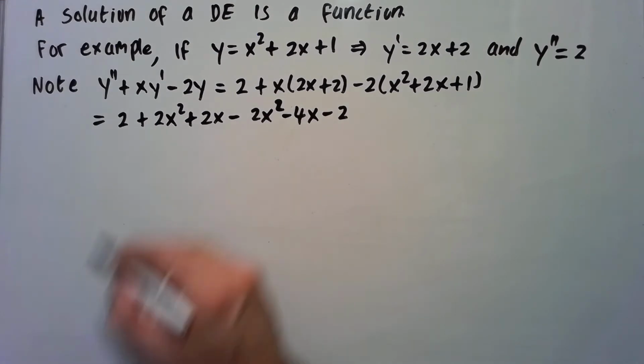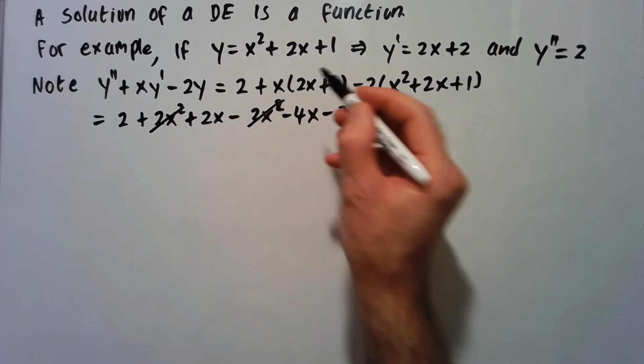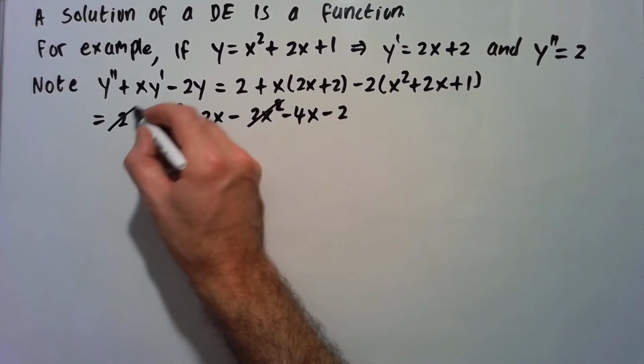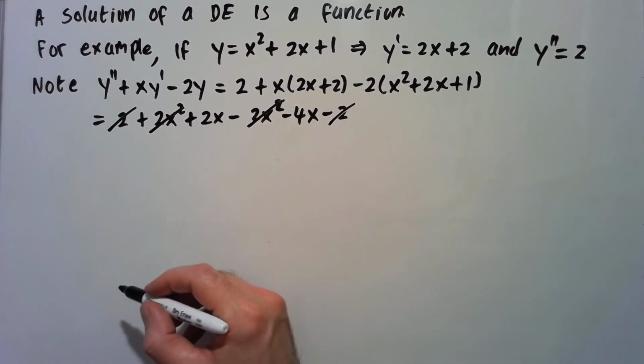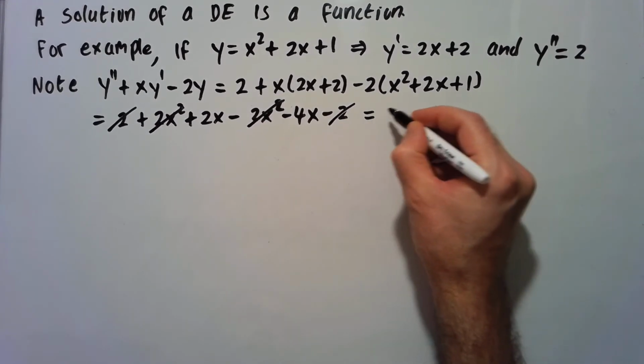Simplifying this, these will cancel here. The 2's will cancel. We just get minus 2x.